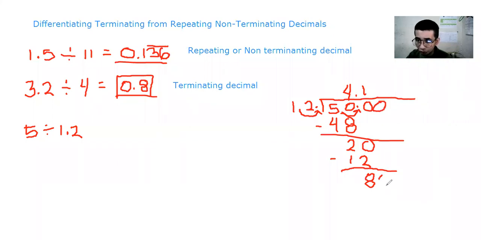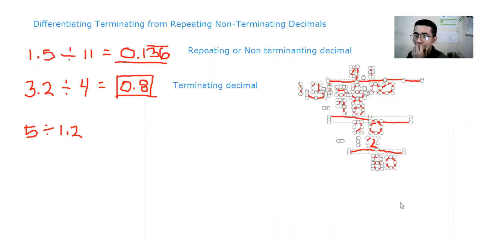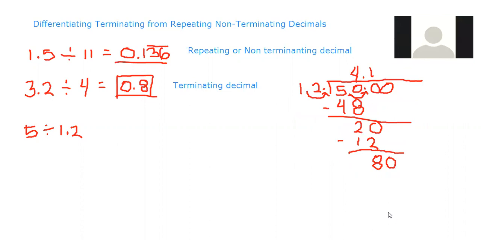Then, bring down 0. So, 80 divided by 12. What is 80 divided by 12? Madami pang kasyang 12 sa 80. 6. Okay. So, 6.